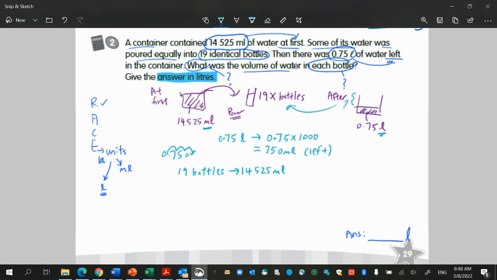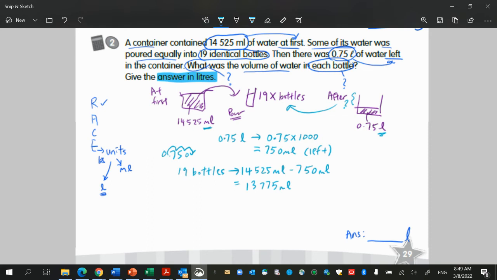I'm going to write the units into all of this so that I keep in mind what I'm using, and then in the end, whether there's a need for conversion becomes very obvious. At this point, calculator is allowed. 14,525 minus 750, on my left hand side I have my calculator with me, so I'm typing it out. I have 13,775 milliliters of water that went into the 19 bottles.